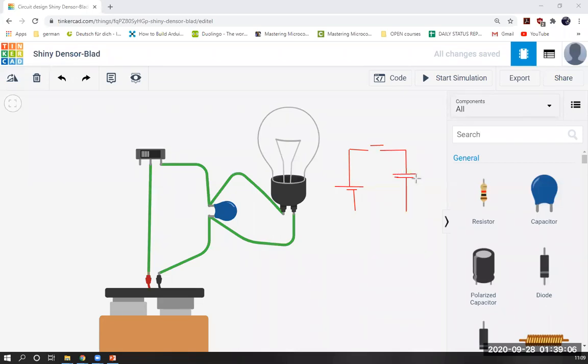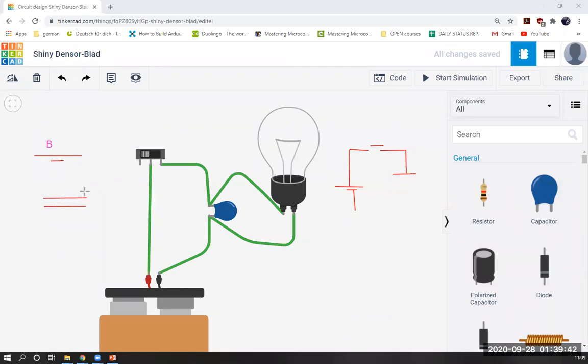Let me draw it properly. See, this is a battery. If you have a longer leg and a shorter leg, this is the symbol for a battery. And for a capacitor, we draw something like this: a straight line, a gap, and a straight line.